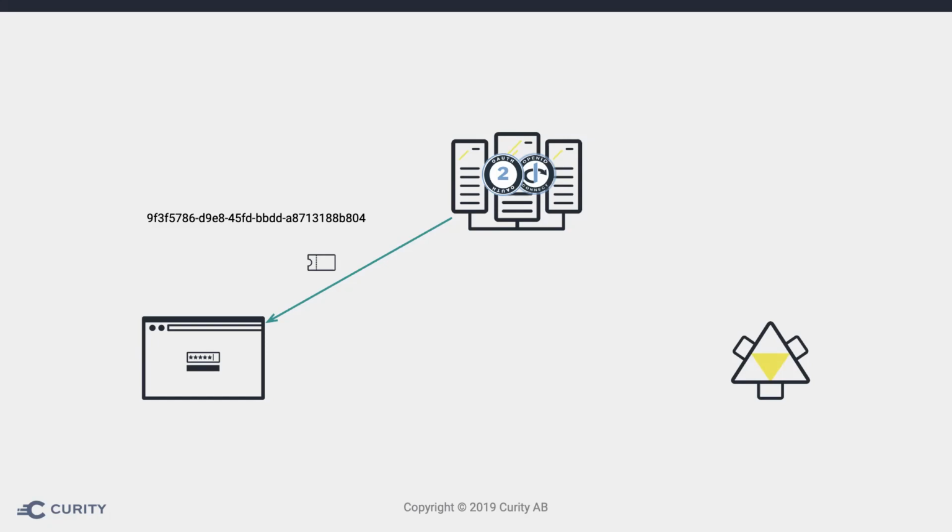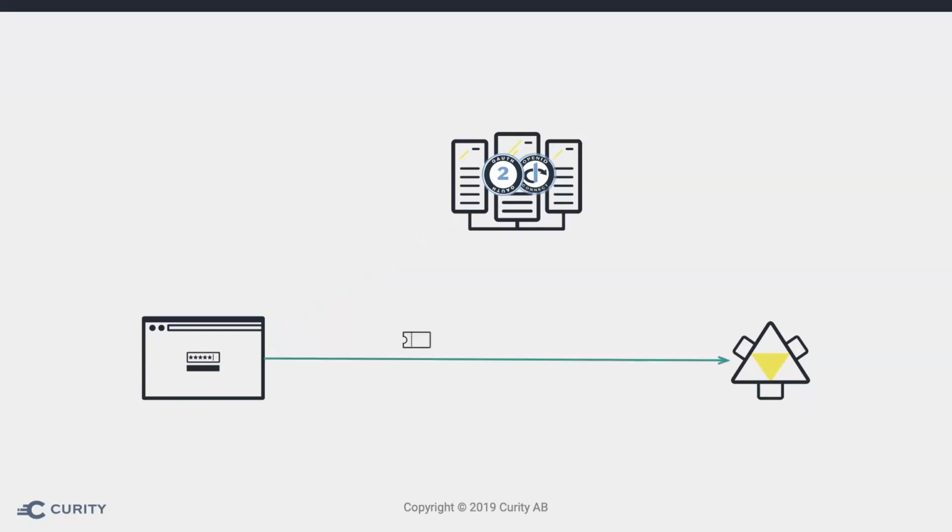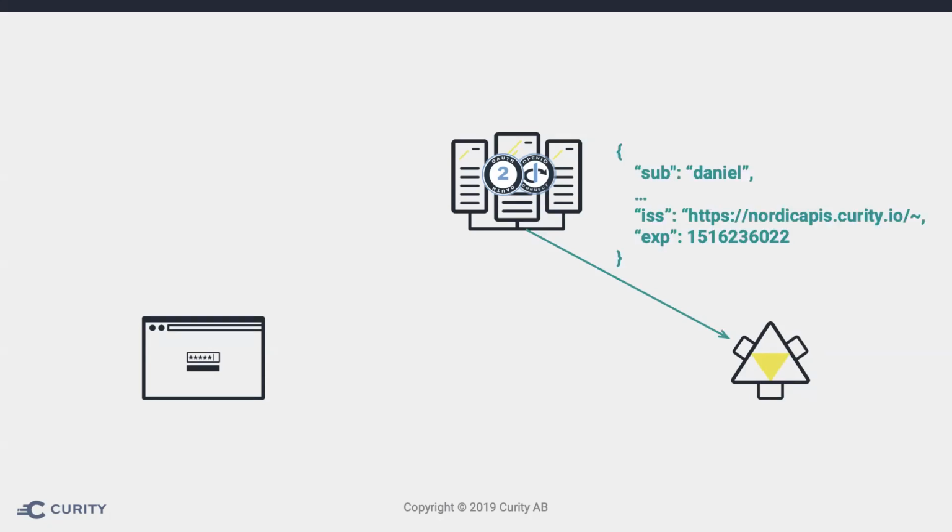If an attacker steals this, they can probably use it, but they will at least not see the contents of this token. When this token is sent to the API, the same goes for the API. The API doesn't know anything about it, so it has to ask the OAuth server what data comes with this token, and we get back a response saying that the token is valid and this is the data that comes with it.